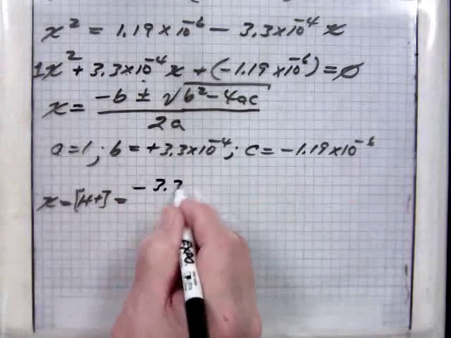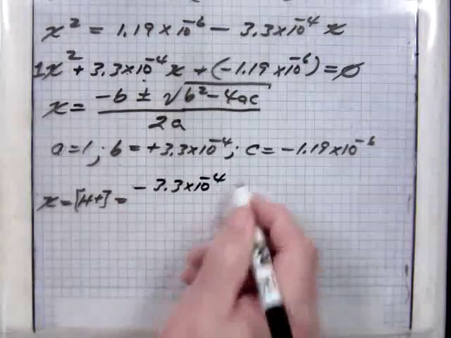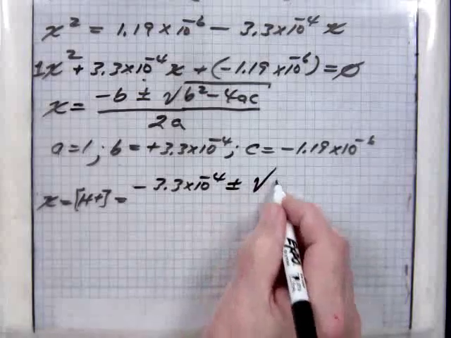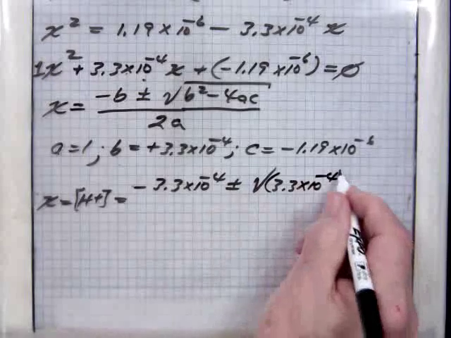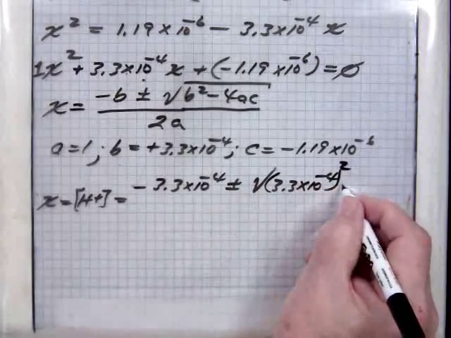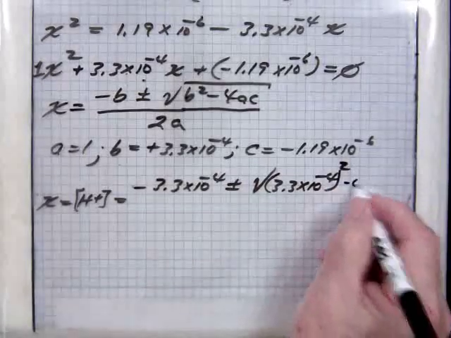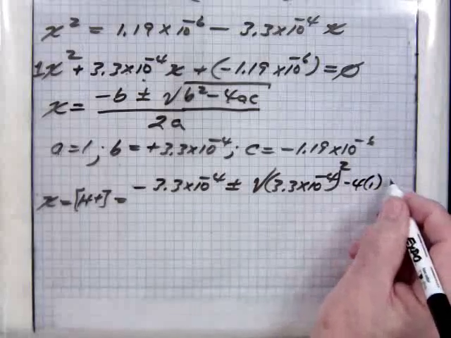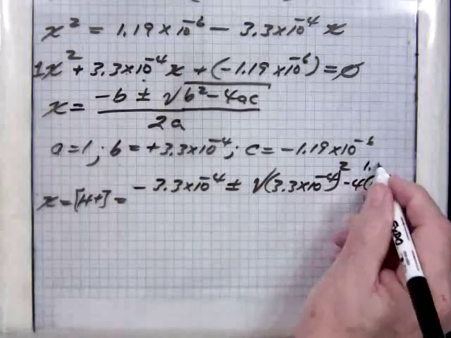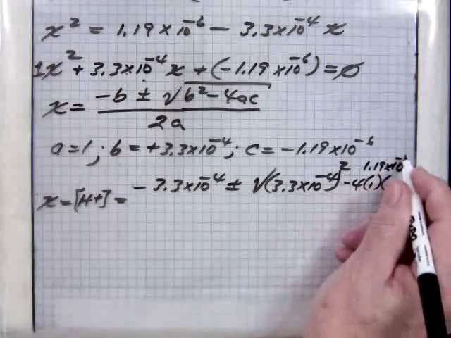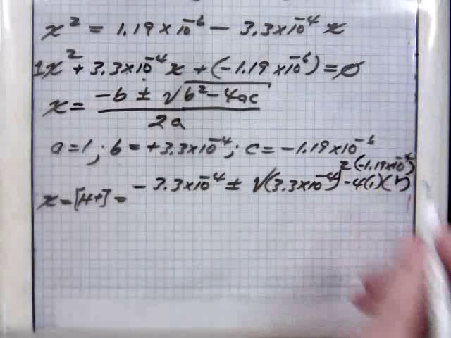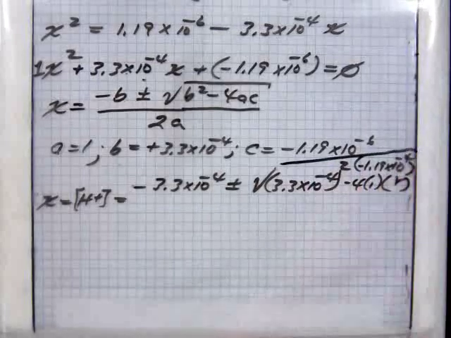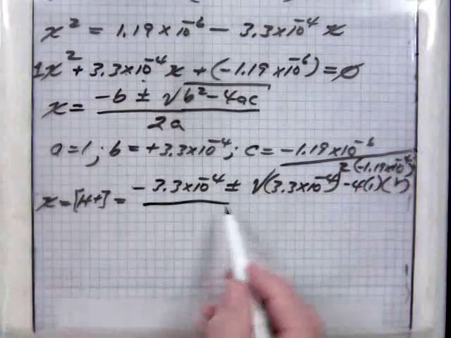Minus 3.3 times 10 to the minus 4 plus or minus the square root of 3.3 times 10 to the minus 4 squared, minus 4 times 1 times 1.19 times 10 to the minus 6. That's a negative in there. Goes in here, and all of that is under a square root. Running out of room. Over 2 times 1.